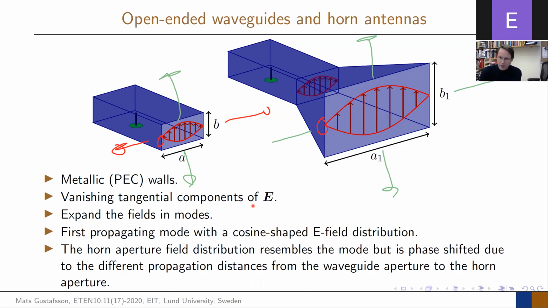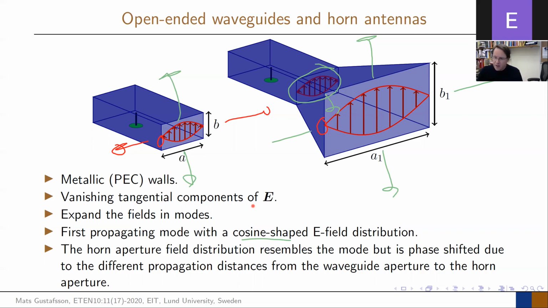And yes, the first propagating mode was this cosine shaped in some ways. And the only thing that happens with the horn, at least if you have a well-designed horn, is that complications start to come in inside of it. But as a first approximation, you take this solution here and you basically make it larger.